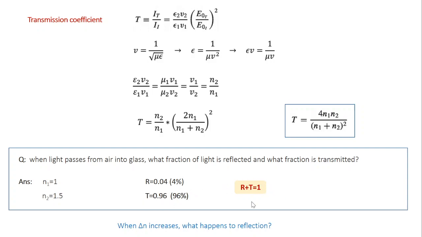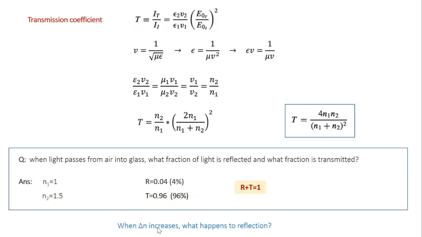So the total reflected light plus total transmitted light is equal to the total incident light. So this is a universal relation. So you can make out when reflection increases, consequently the transmittance decreases. Or vice versa, when reflection decreases, the transmission increases.